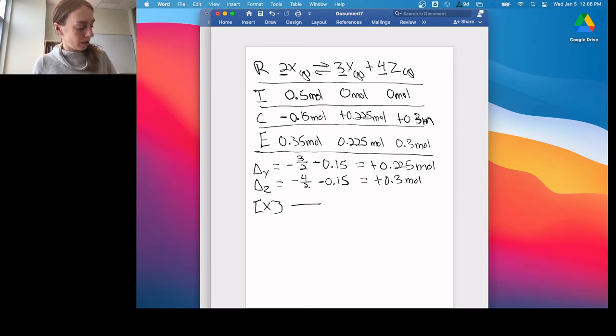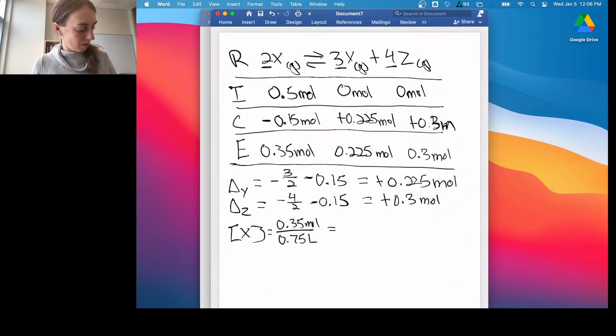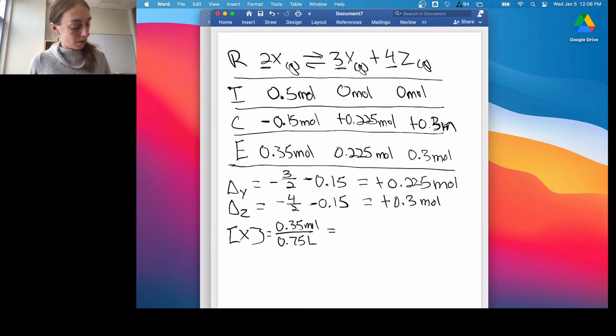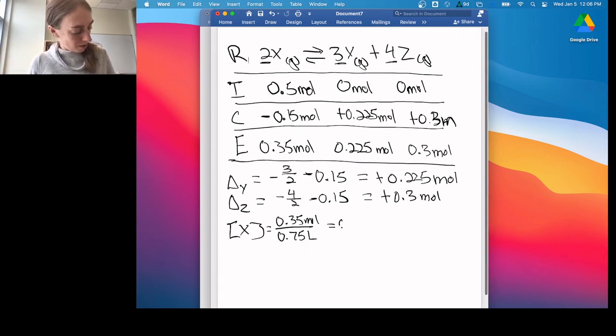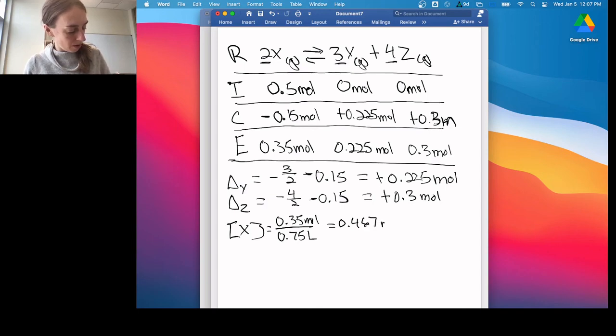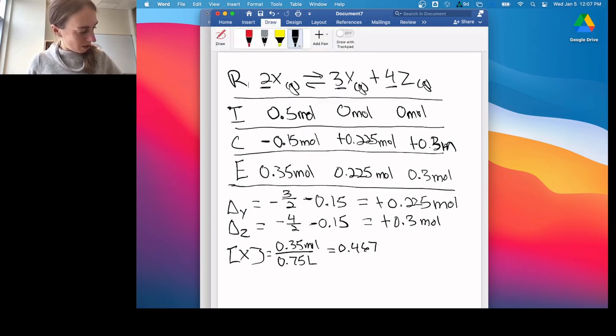A 750 milliliter container is 0.75 liters, and the amount we have here is 0.35 moles. So our concentration of X is 0.467 molar.